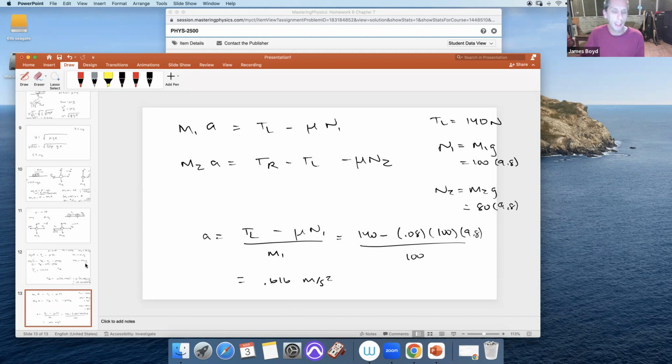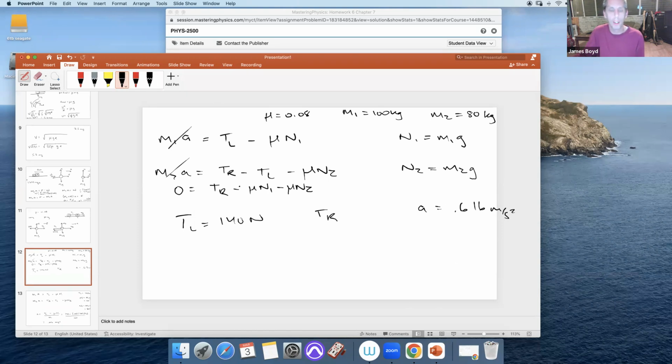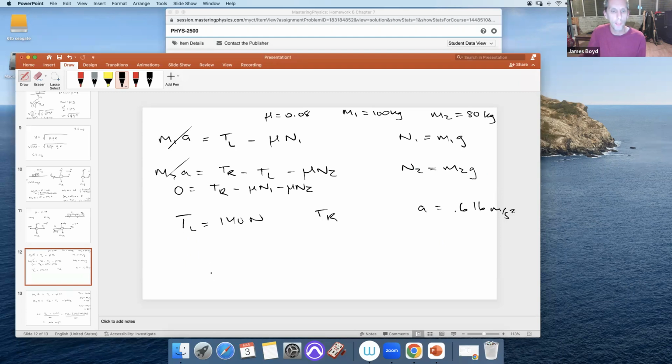Now going back to here, what I'm going to do is I know my acceleration is 0.616 meters per second squared, and I want to find T right. I want to find the tension in rope 2. So the tension on the right, add these over, is M2A plus tension on the left plus mu N2, which was M2G.